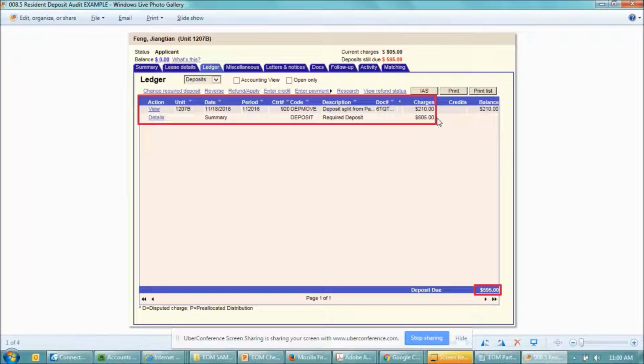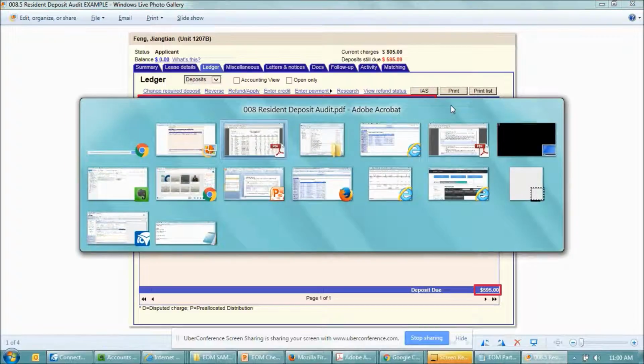We thought we were going to charge him $805 for the deposit, but he applied during a special where it was reduced. And so we would just need to reduce this amount from $805 to $210 if the $805 is incorrect. If the $805 is correct and he still owes more, leave it alone. So let's say that's the situation.